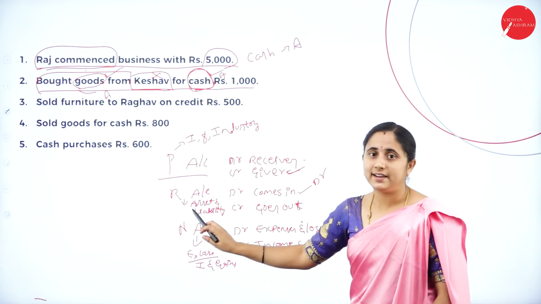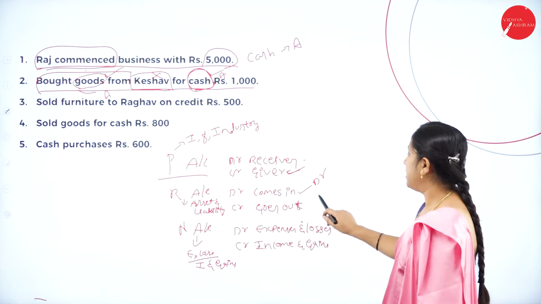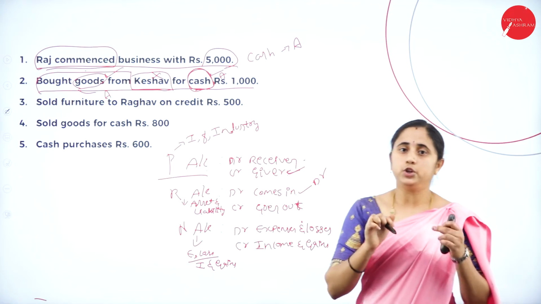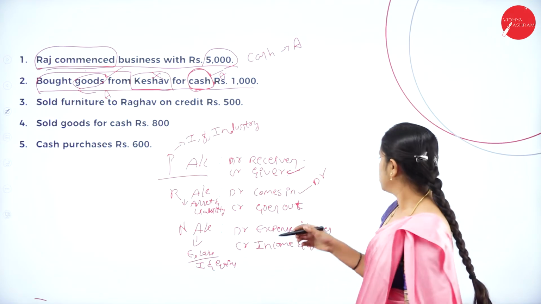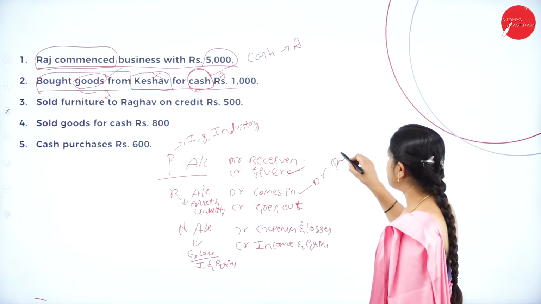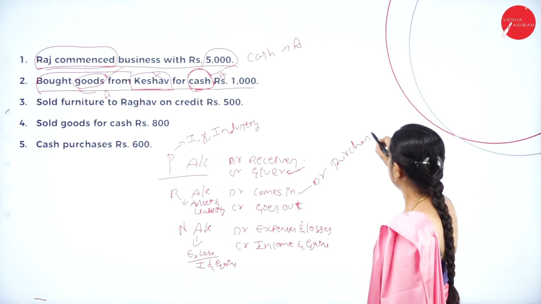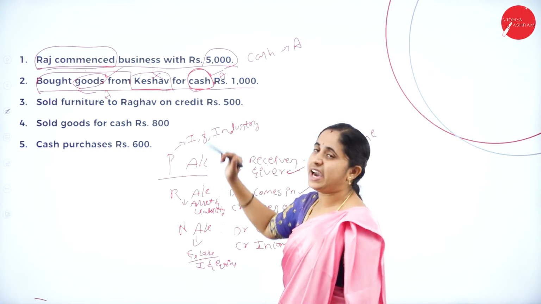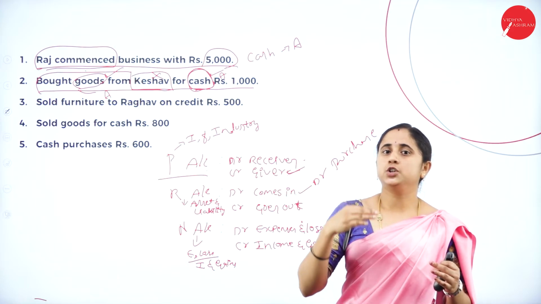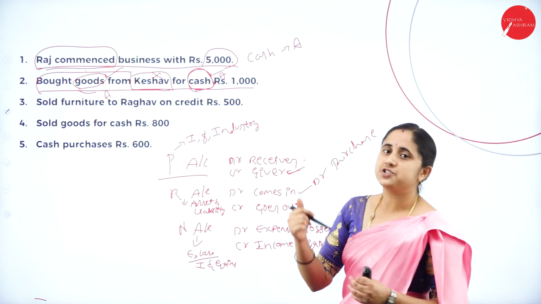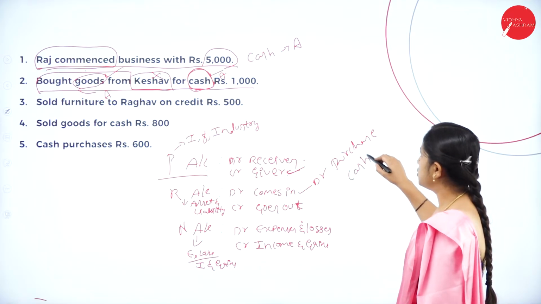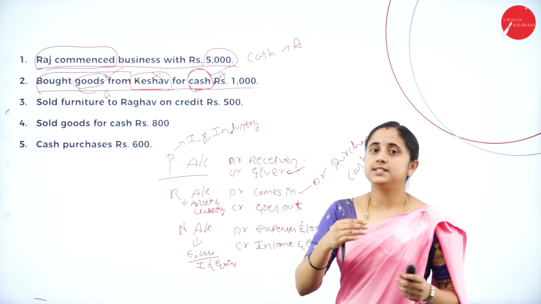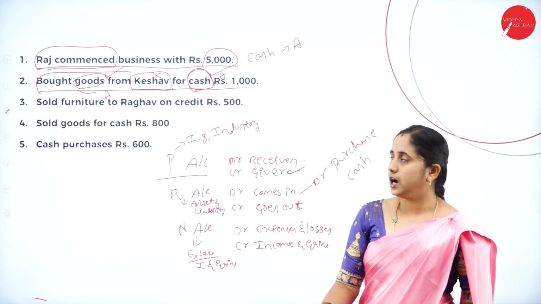Just apply the real account rule. Debit what comes in, credit what goes out. When you purchase an asset, the goods is coming in, so you need to debit purchase. And you are paying cash. While purchasing, in return, you will pay cash, so cash is going out. You need to credit cash. Purchase means coming in, cash is going out.